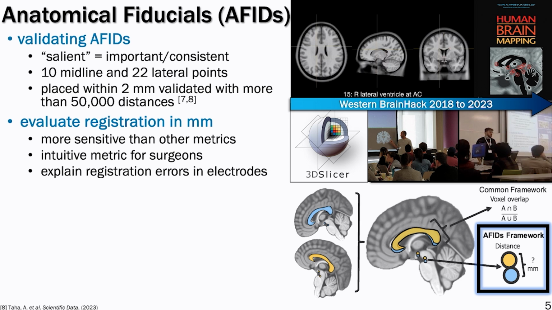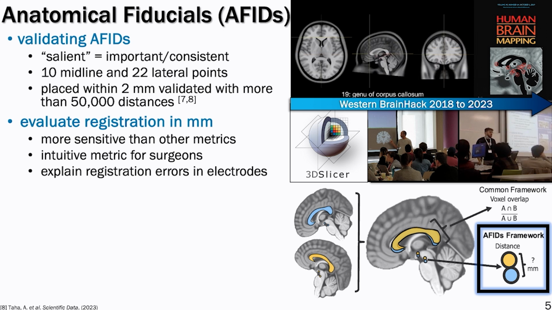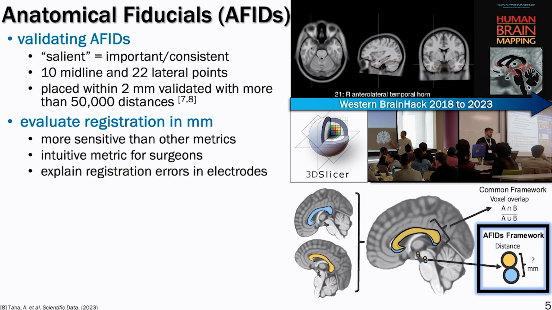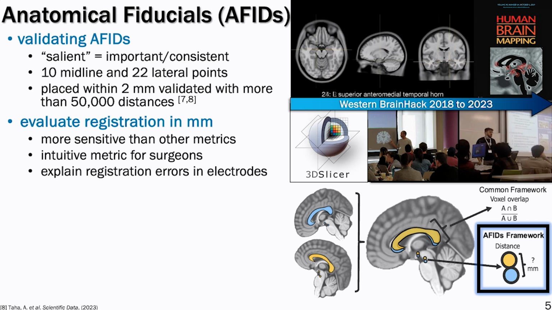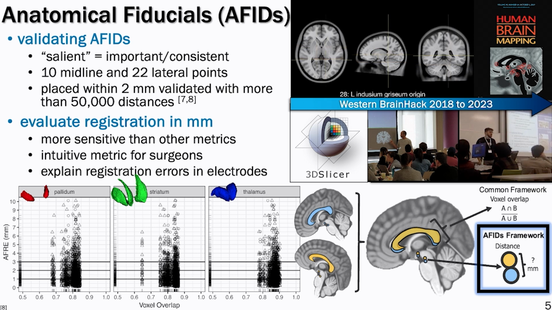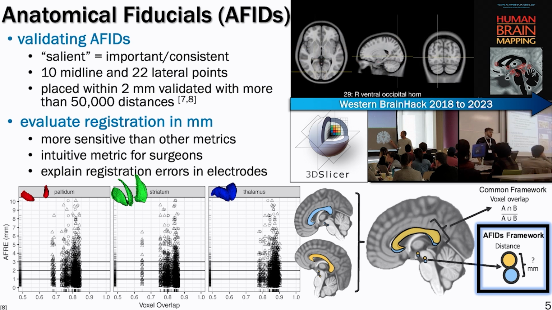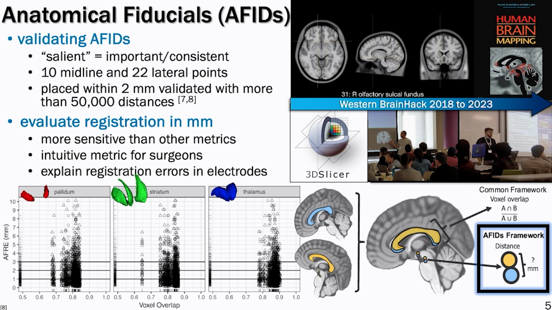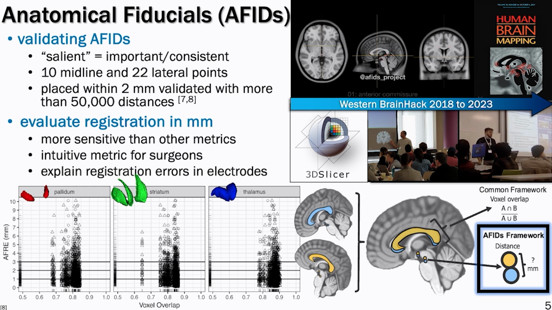We have 2 brains that we want to morph together. We look at the vector between the ground truth coordinate and the homologous coordinate on the moving scan. That vector has a magnitude that is communicated in millimeters, representing the error, and a direction, which communicates the direction of that error. And we've shown in a number of studies that this anatomical fiducial registration error derived from our AFIDS provides a much larger dynamic range relative to the commonly employed voxel overlap metrics.